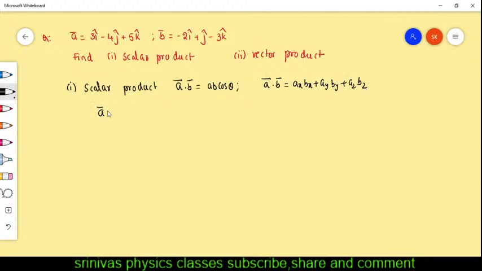In this, A bar is equal to, they gave us, 3 I cap minus 4 J cap plus 5 K cap.